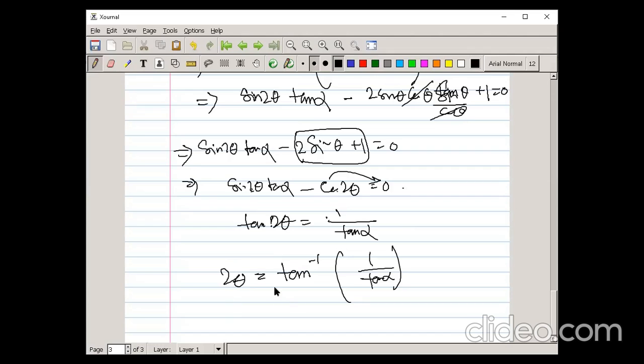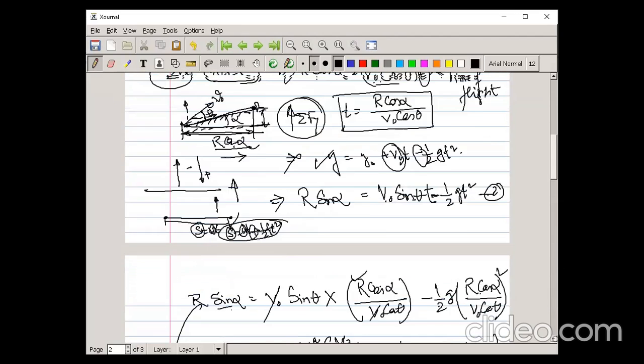Tan inverse tan 2 theta is equal to tan inverse of 1 by tan alpha. And if I write here, tan 2 theta, this is the theta and tan inverse of 1 by tan alpha. This is the relationship. So as per the question, I think it was given, na, that find the range when alpha is, what is the question actually?